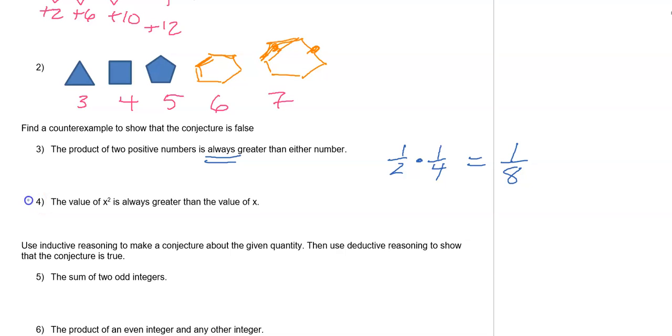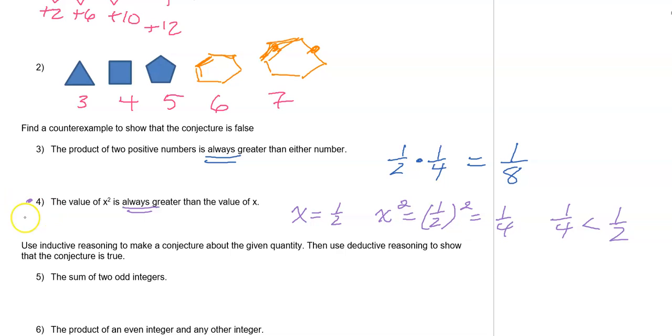All right, next one is here. Can we find that the value of x squared is always greater than the value of x? Well, okay, so x equals 1/2. So x squared equals 1/2 squared, which equals 1/4. Well, 1/4 is less than 1/2. So that's a counterexample. So therefore, these two statements in numbers 3 and 4 here are actually false, because we can show one counterexample.